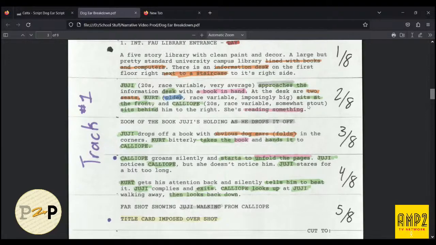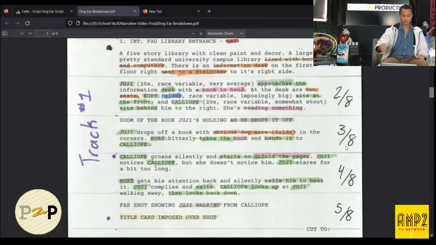Or if I were to do the math real quick, an eighth over 60 is about 7 seconds. Check me if I'm wrong on that, but I believe it's about 7 or 8 seconds. So that means that aside from the establishing shots over here, let's start with 3/8. Zoom of Juji holding the book as he drops it off.